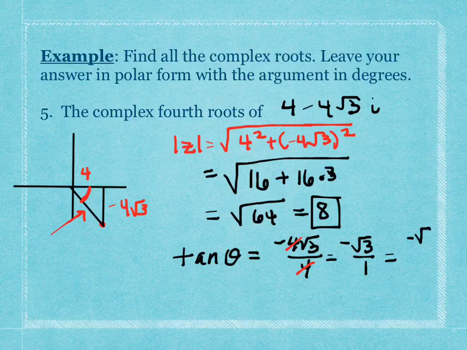If I represented it as negative square root of 3 over 2 over 1/2, then I look like I'm on my unit circle. In particular, notice that this says we want to do this in degrees, so taking a look at your unit circle, you've got y over x for tangent, so you're looking for the y value to be the negative square root of 3 over 2, and the x value to be the 1/2.